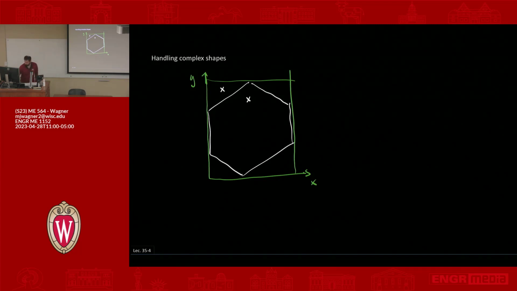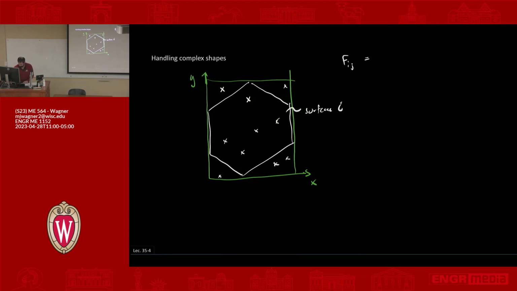Eventually, you're going to have a bunch of positions in here that count, and a bunch of them out here that don't count. And then when it comes to evaluating the view factor, you're going to say, let's say this is F from i to j, where this is surface i.